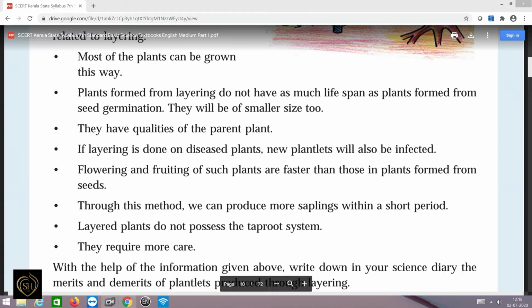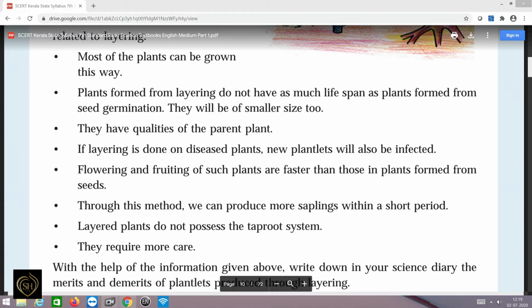Plants produced from seeds flower a little later than plants produced from layering. So that is also a merit of layering.